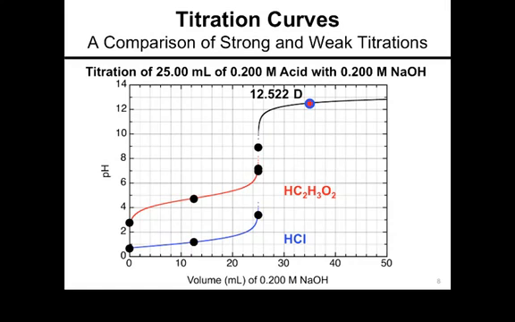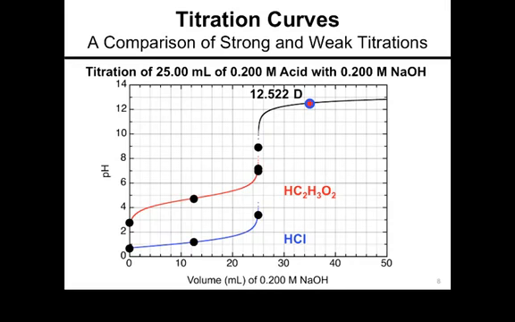It's a strong base. It's going to totally overwhelm any weak base contributions. So that's why the titration curves overlap. So after the equivalence point, you just look at the concentration of excess base, hydroxide ion, and you get the pH from that.